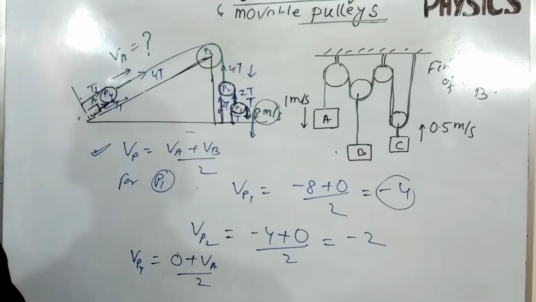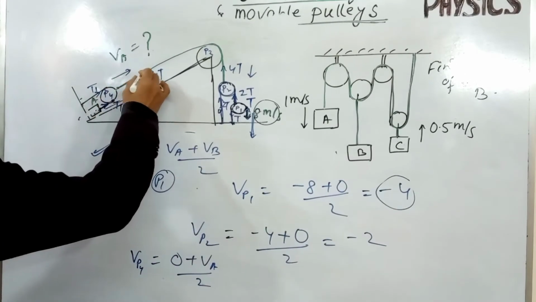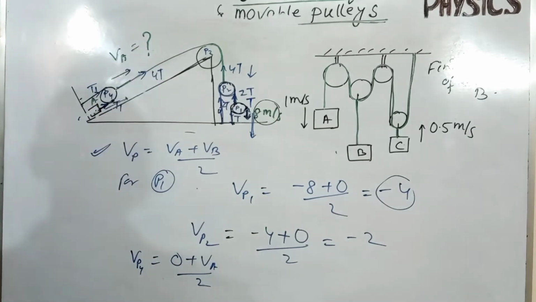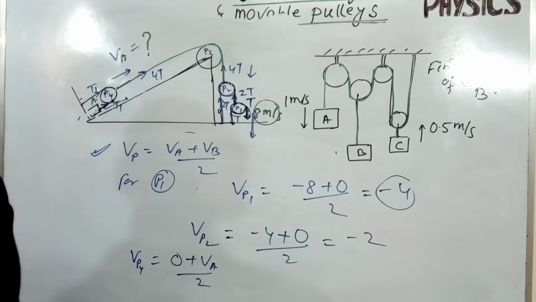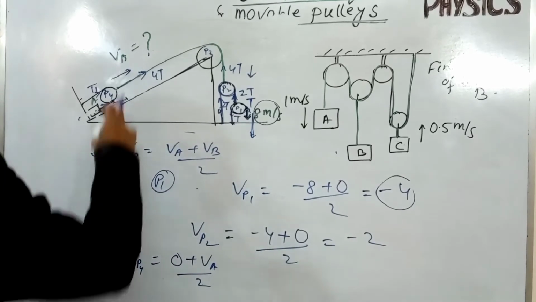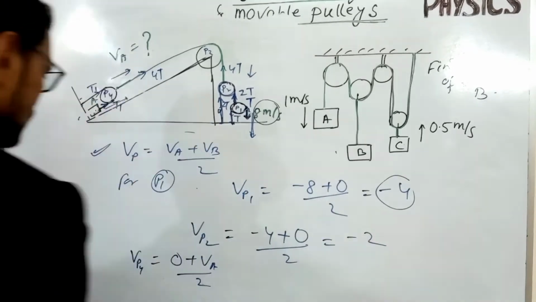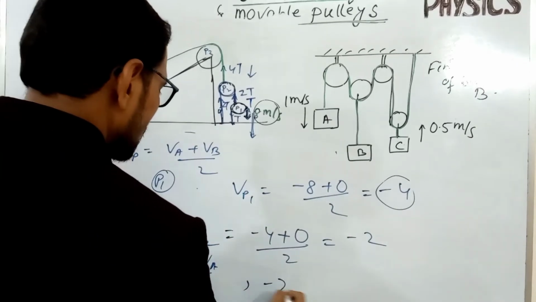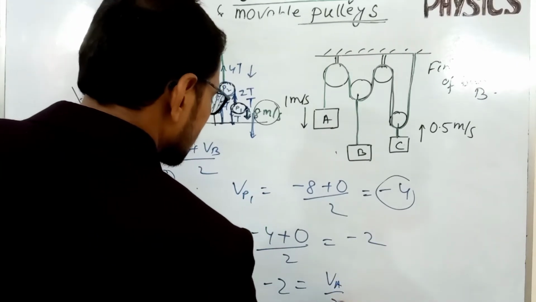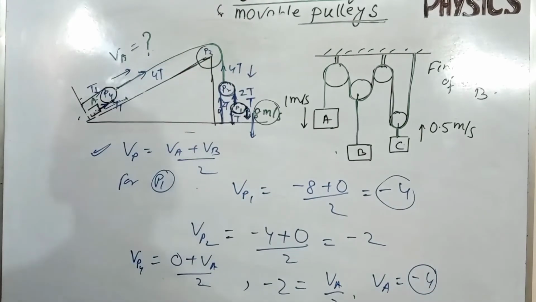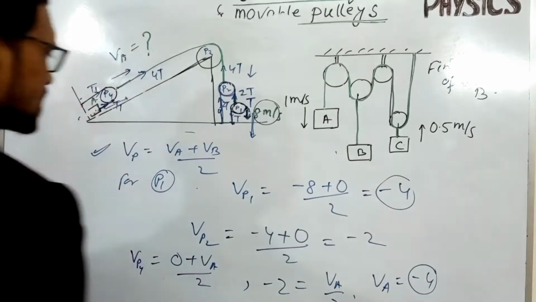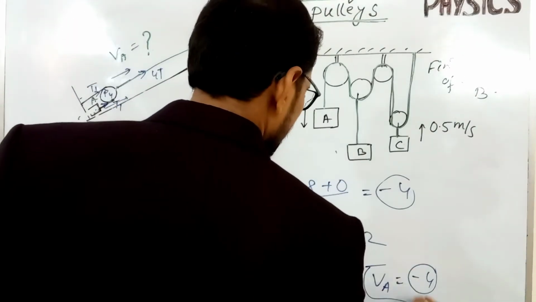Now Vp4 means the velocity of this, minus 2. So Vp4 equal to minus 2 equal to Va by 2, that is Va equal to minus 4. So the magnitude of the velocity is 4.